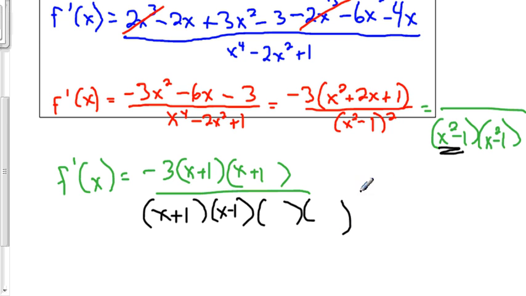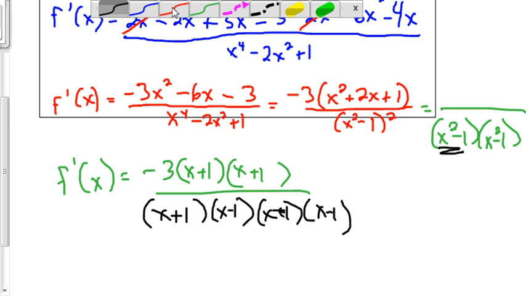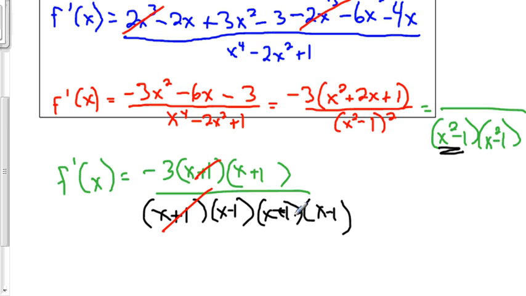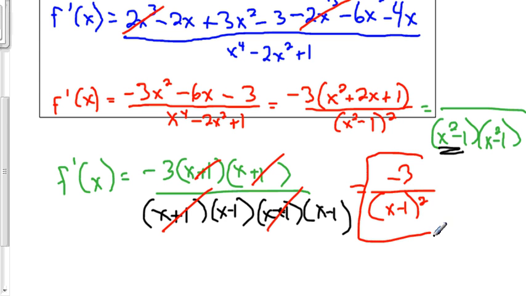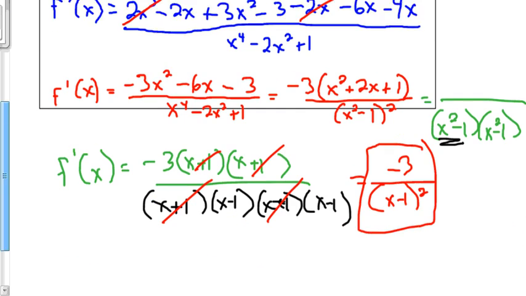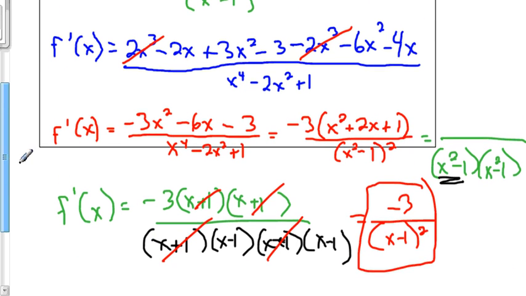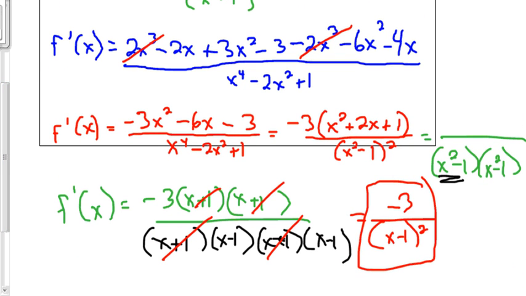And then the other x squared minus 1 will be x plus 1 times x minus 1. And now those x plus 1's cancel out, and I'm left with -3 all over x minus 1 times x minus 1, which is x minus 1 all squared, which is what we're trying to get to. Okay? A lot of work, that's hard, but something we should be able to do.